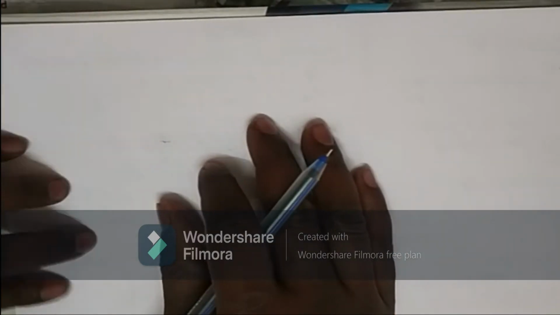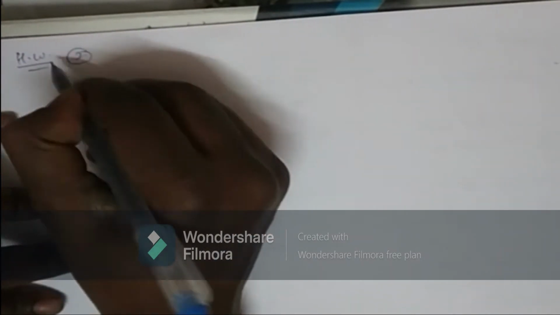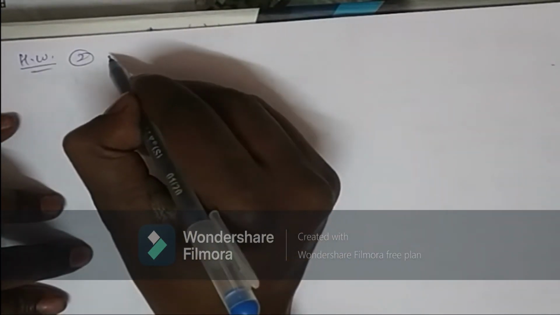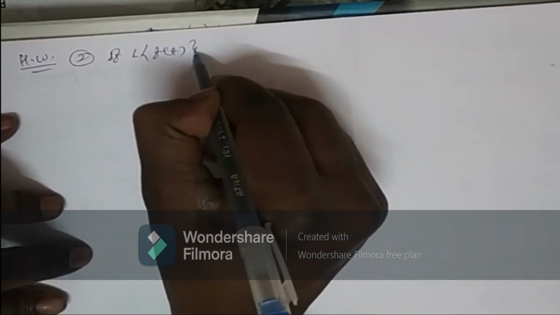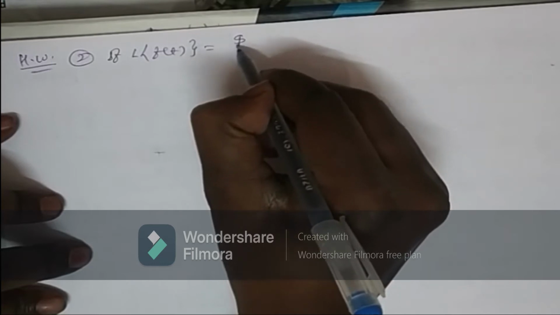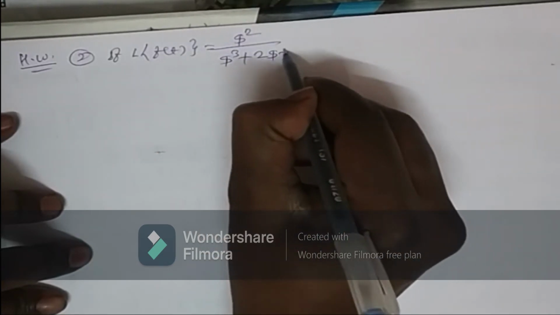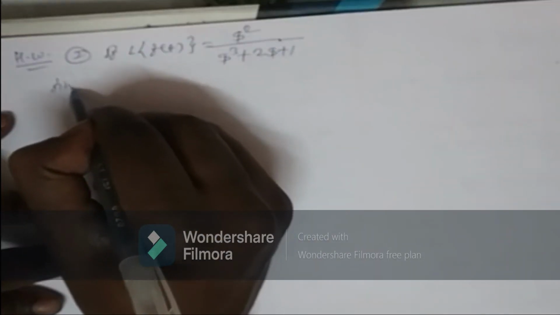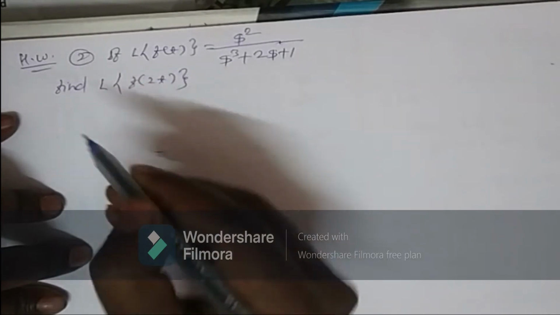Example for homework, example number 2. If the Laplace transform of f(t) is equal to s square upon s cube plus 2s plus 1, find the Laplace transform of f(2t). Simple example.